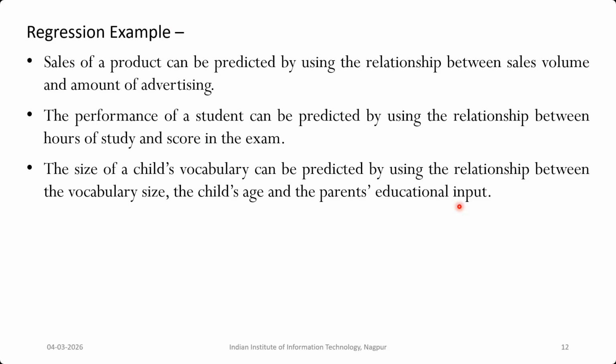The factors can be the quality of the product, or the publicity, that is the advertising of the product. If I want to draw a simple linear regression model, the sales depend on the amount of advertising. The more advertising, the more sales I would expect. So this can be considered as one regression analysis problem.